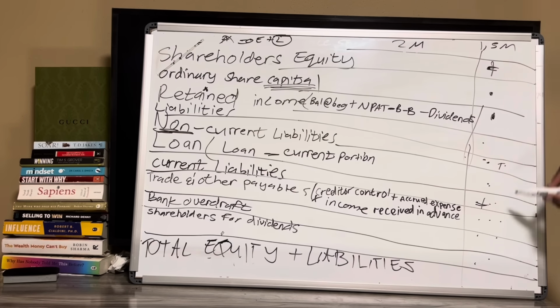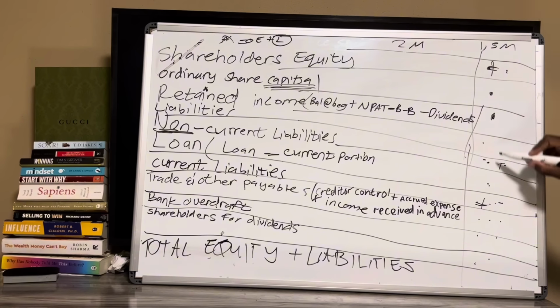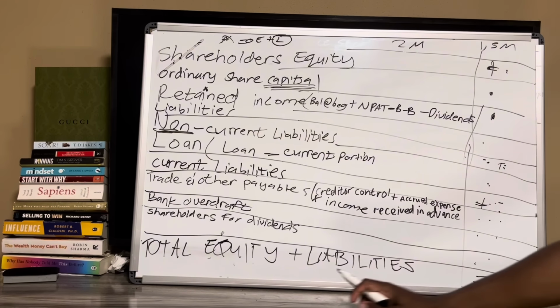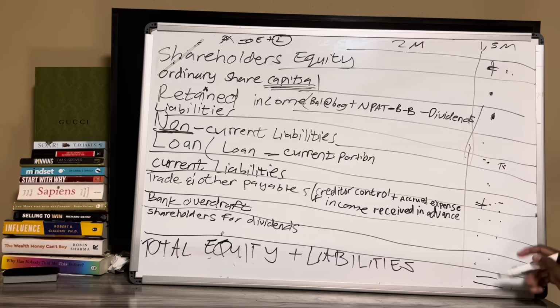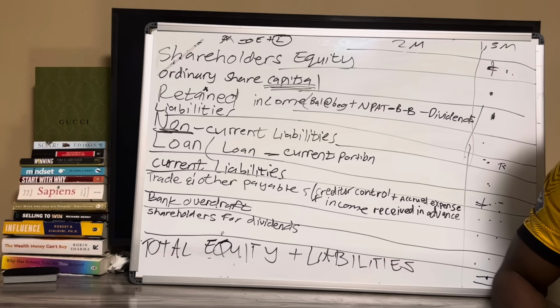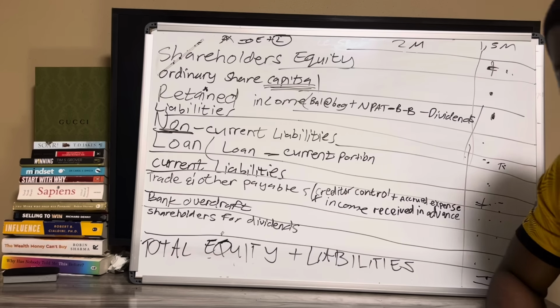Now that you have this, your current liabilities, your non-current liabilities, and your shareholders equity, this plus this plus this will give us our total equity plus liabilities. As you can see, the word total equity, so we'll be adding equity plus your liabilities. Liabilities, there's non-current and there's current. Remember, this answer here should be equal to our total assets. That is how you do your balance sheet.